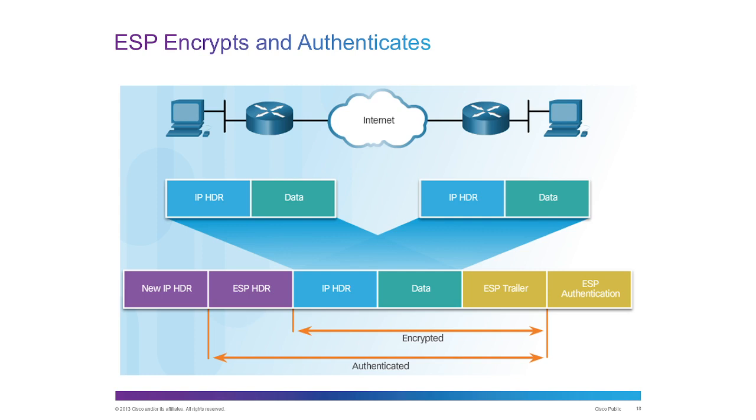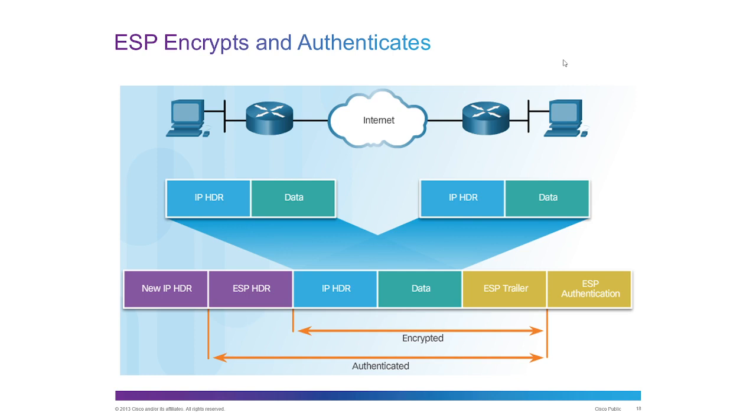Then it will add an ESP header, and that whole thing will be authenticated. A hash is created for the whole thing and added as ESP authentication at the end. And this new whole thing will have a new IP header.